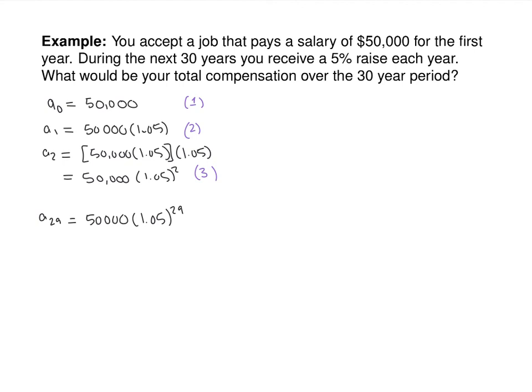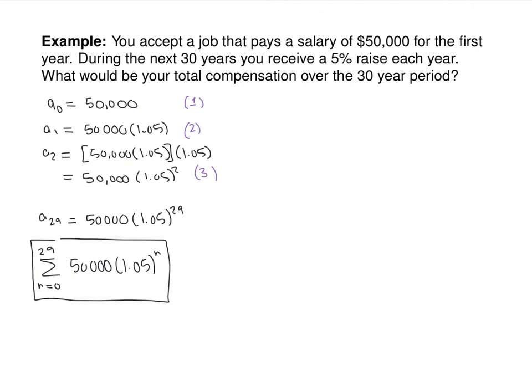Now notice that this is a geometric series, and we're technically summing from n equals 0 to 29, 50,000 times 1.05 to the n. Now if the upper bound was infinity, this geometric series would diverge, but we have a finite sum.